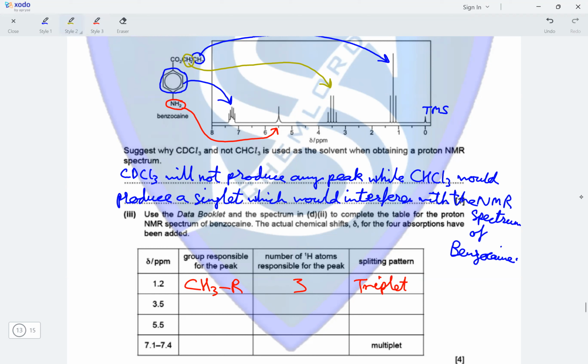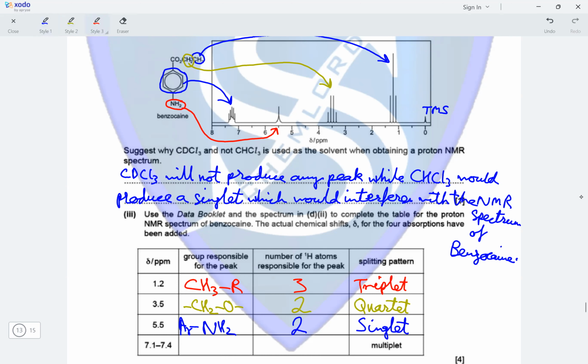Next, we have the peak at 3.5. The peak at 3.5 is a CH2 group present next to oxygen. CH2 group contains two protons, and the splitting pattern shown is a quartet. Next, we have the peak at 5.5. This peak is for the NH2 group present next to the benzene ring or the aromatic ring, and NH2 contains two protons, and since it is a functional group peak, it would be a singlet.